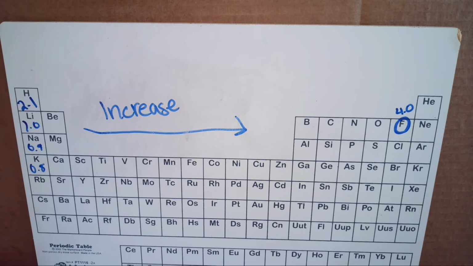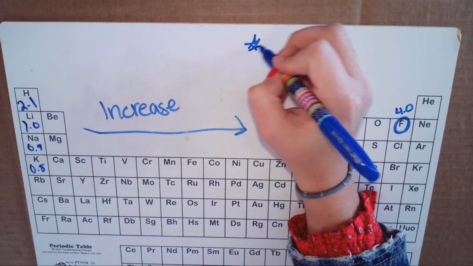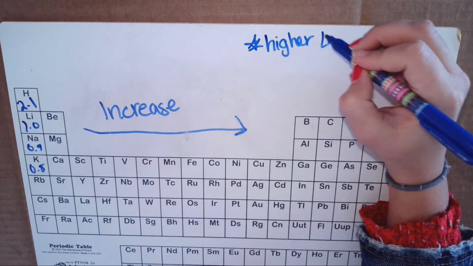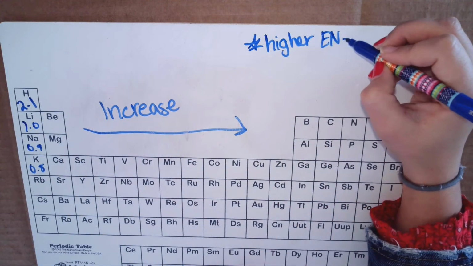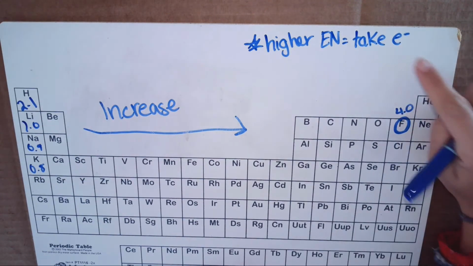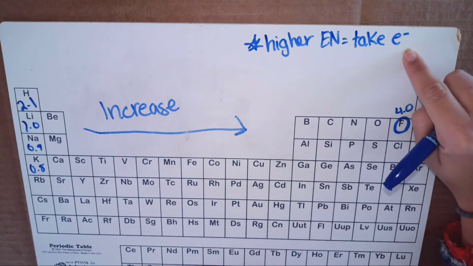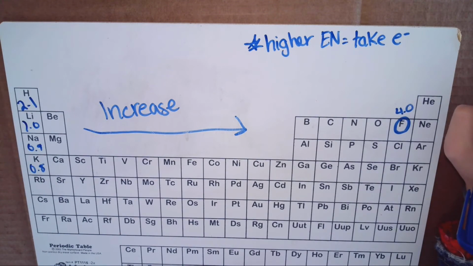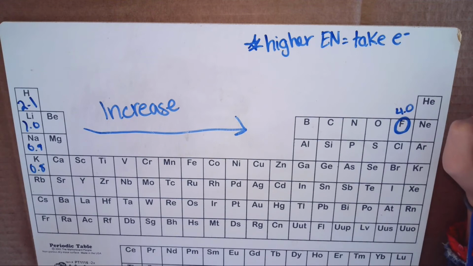So a note that we could add to our table is that higher electronegativity, I'm just going to write EN for electronegativity, equals take electrons. And remember, that's my electron symbol, e with a negative. So a higher electronegativity takes the electrons.